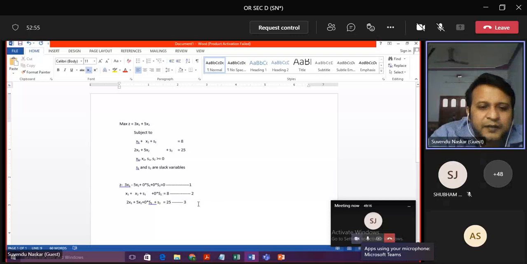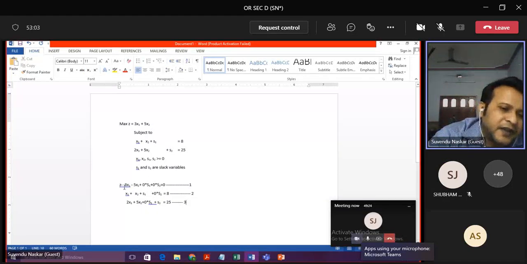Now we have a matrix form where, if you remove the x1, x2 and so on, you will see the matrix rows are -3, 1, 2, -5, 1, 5, 0, 1, 0, 0, 0, 1, and on the right hand side you have the solutions 0, 8, 25.